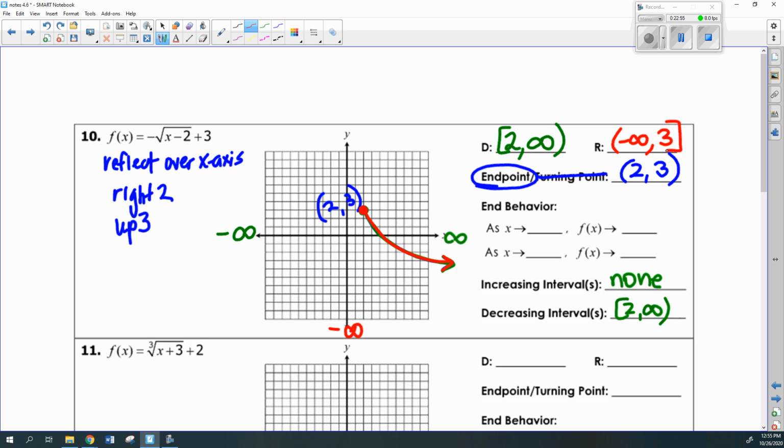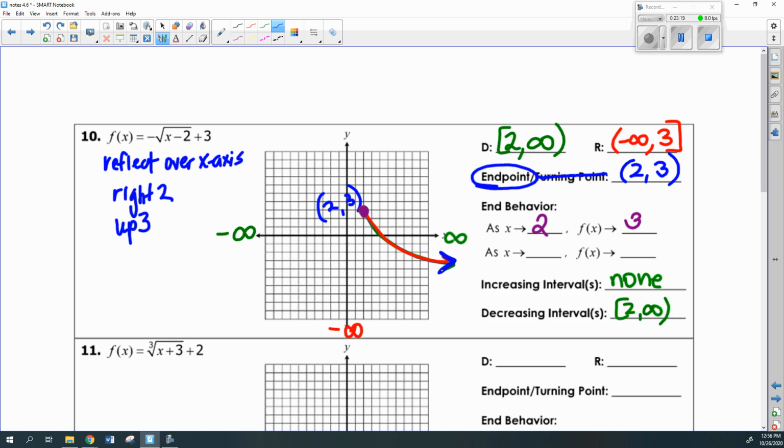It's also going to change your end behavior a little bit. One end is still the end point, so fill that one in, put the 2 next to the x and the 3 next to the y, and you're done with that end. But the other end, you have to pay more attention to. For the x, you want to know, is that arrow going right or left?